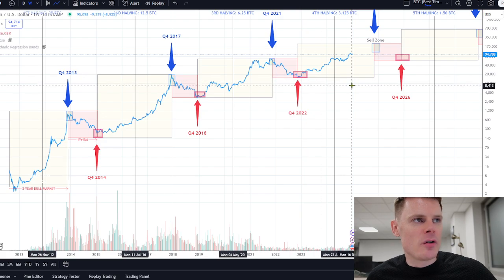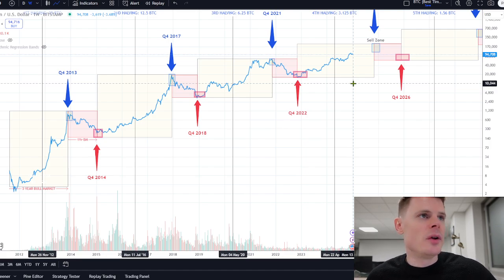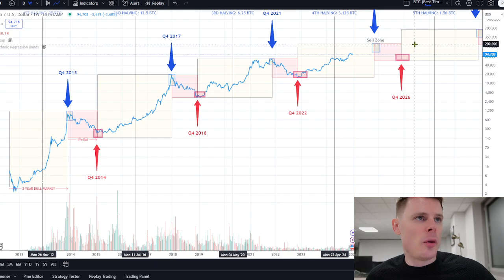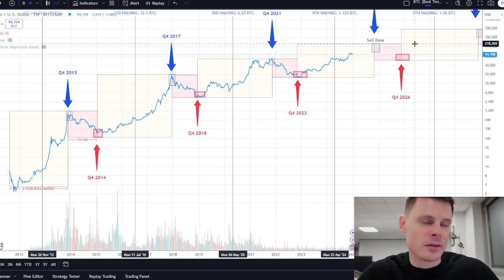In the current cycle we're in, if the model continues to be true, then I estimate that the top price will be roughly 218,000 USD. Of course, the price could be higher or lower than that, but this is the base case to have as a rough estimate.